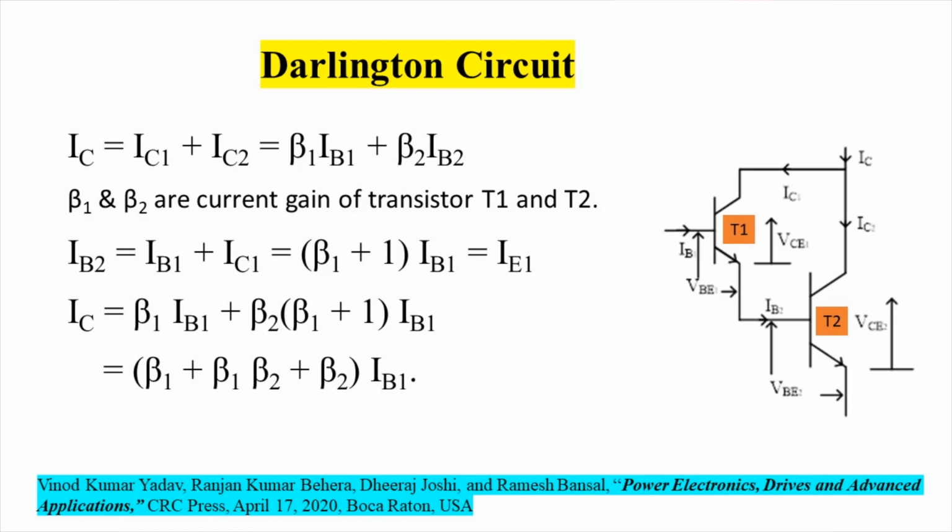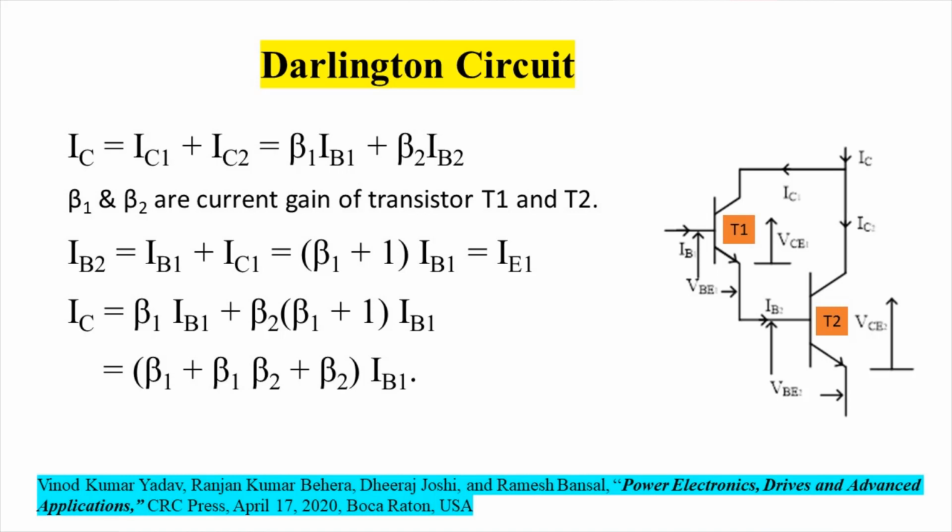Now you know that IB2 is equal to IB1 plus IC1. IB2 is IC1 plus IB1, which is nothing but (beta 1 plus 1) into IB1, which is equal to IE1.